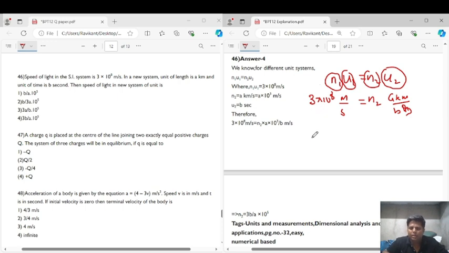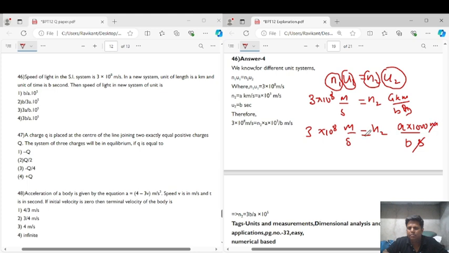Okay, now this can be written as 3 × 10^8 meter per second equals n2 into a × 1000 meter upon b seconds.